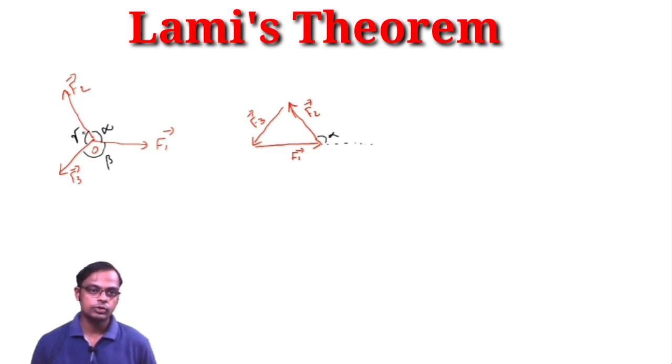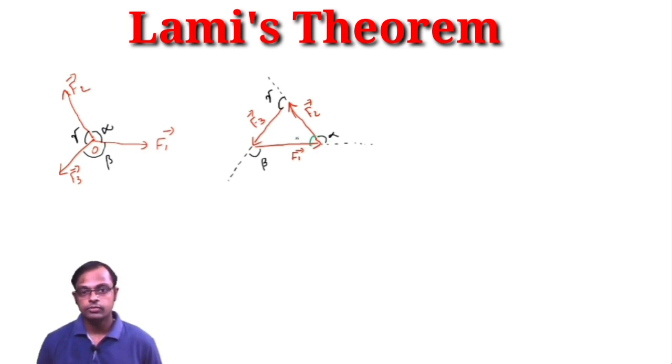F2 and F3 is equal to gamma. If I extend this line, just extending F2, this angle is equal to gamma. Same way, what is the angle between F3 and F1? If you extend this one, the angle becomes beta.